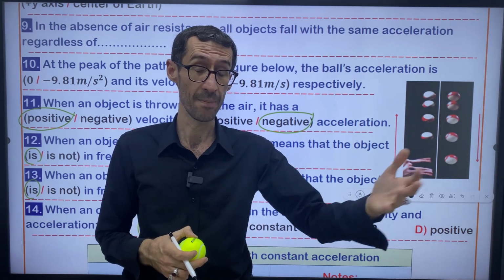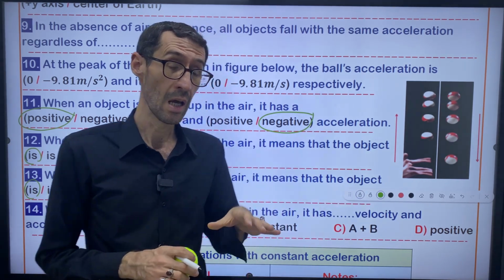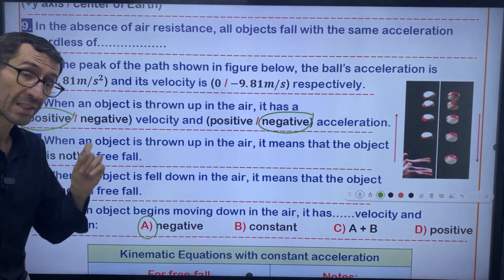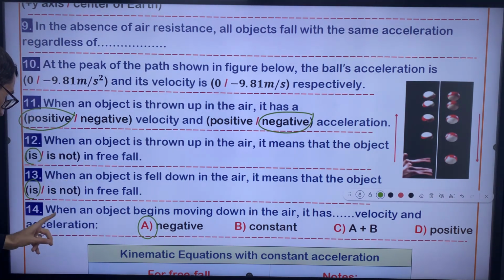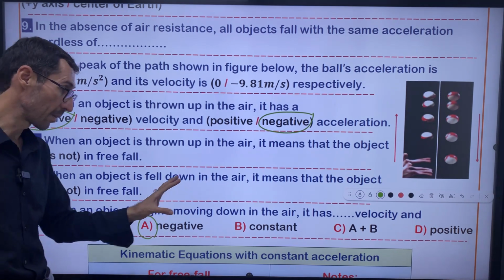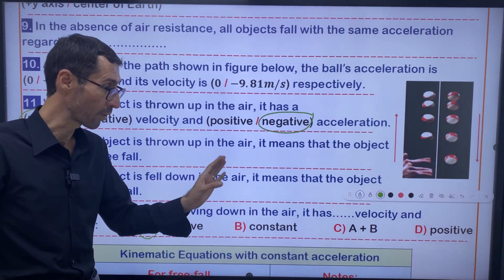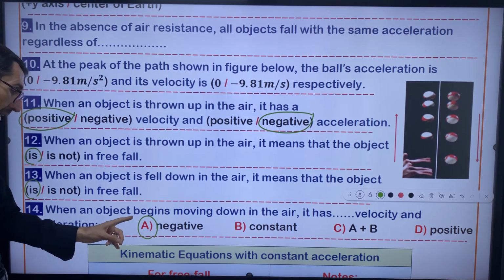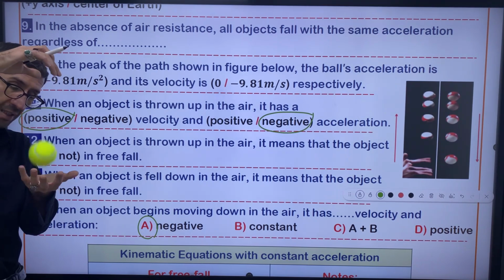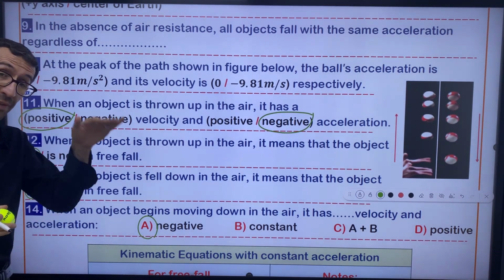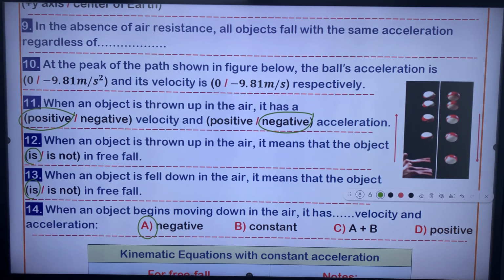You can predict the next situation, but the only factor that remains constant is acceleration. That's why the common answer for both velocity and acceleration is the negative direction, and velocity is negative when the object moves down toward the center of the planet.